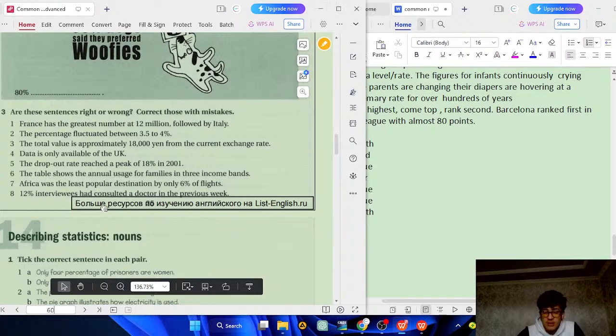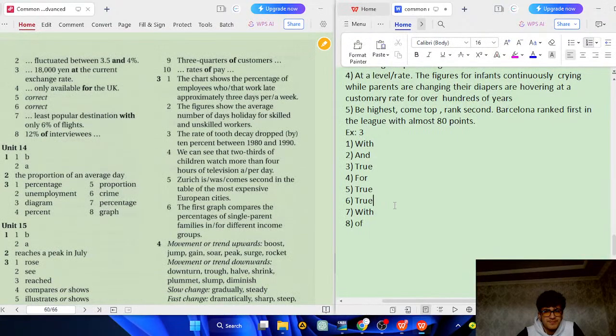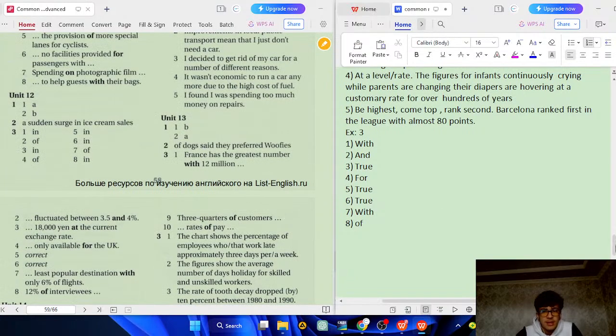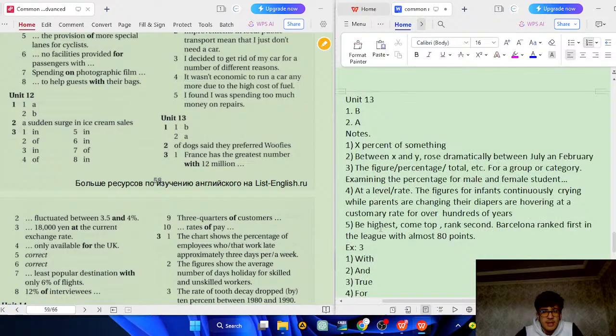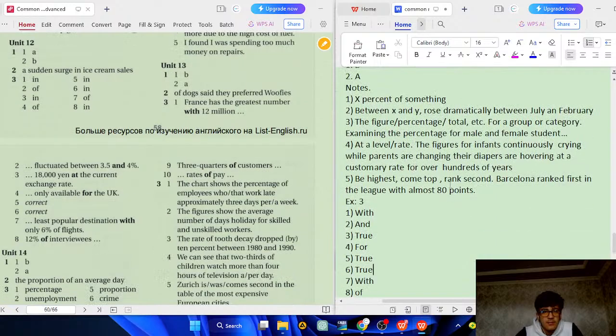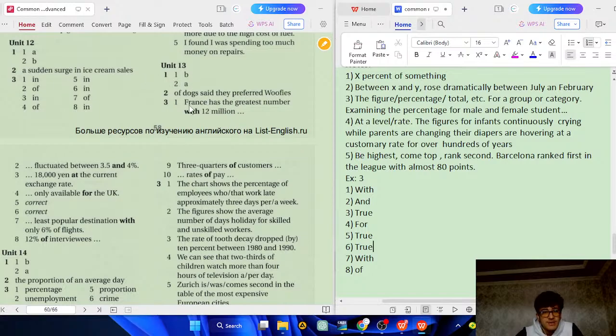Unit 14, Unit 13. Percent of dogs, right? Are you serious right now, bro? See, I told y'all, bro.